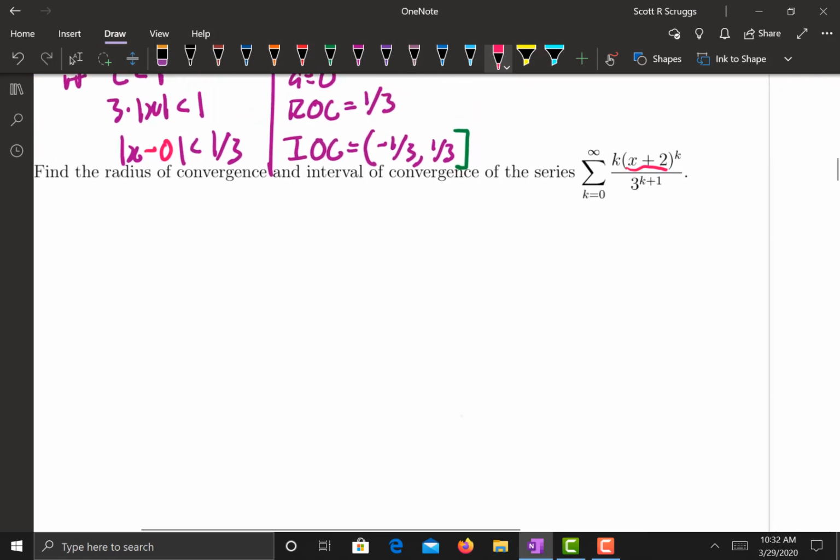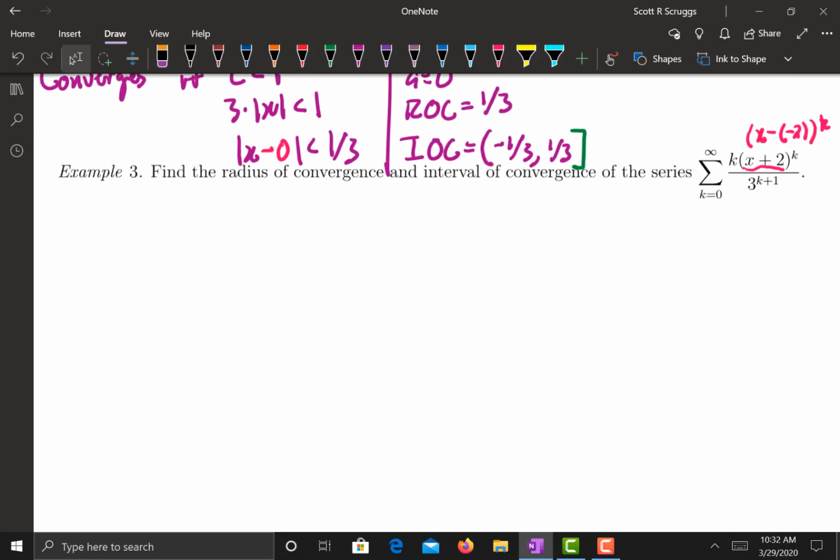I can still find my center very quickly, because I can still get it into that form for a power series: addition is just subtraction of a negative number. So that tells me that my center for this series is -2.